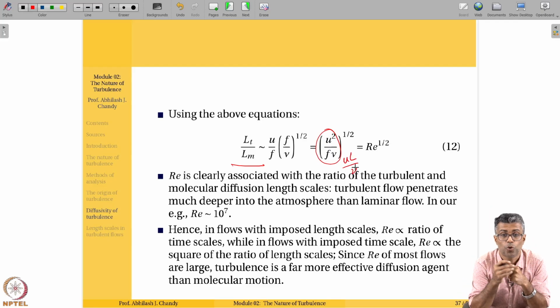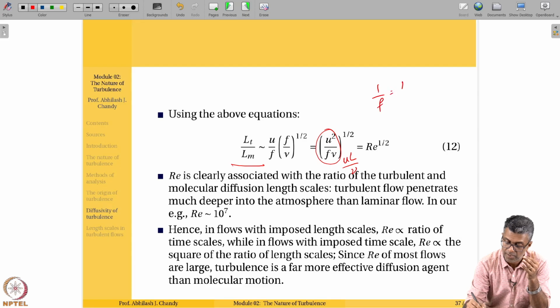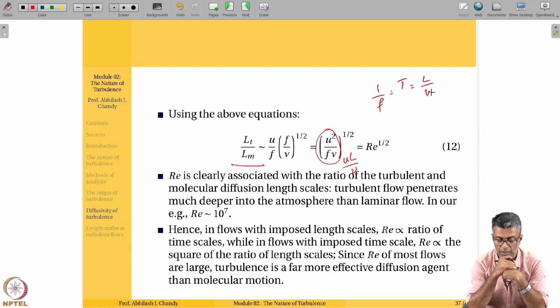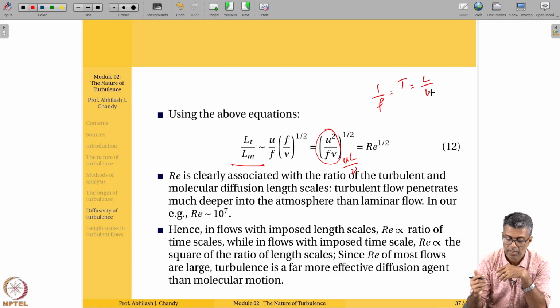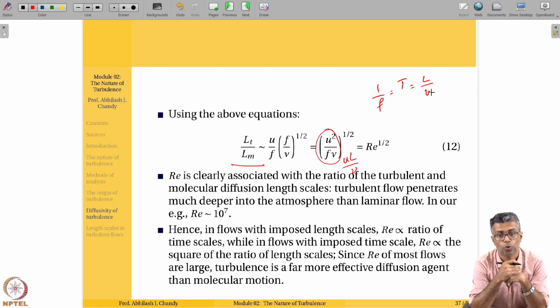So F is 1 over T, and T is L over U, distance over velocity. So essentially 1 over F is T, correct, which is L over U. One of the U's gets cancelled out, and then you have U L over nu, which is Re to the half.